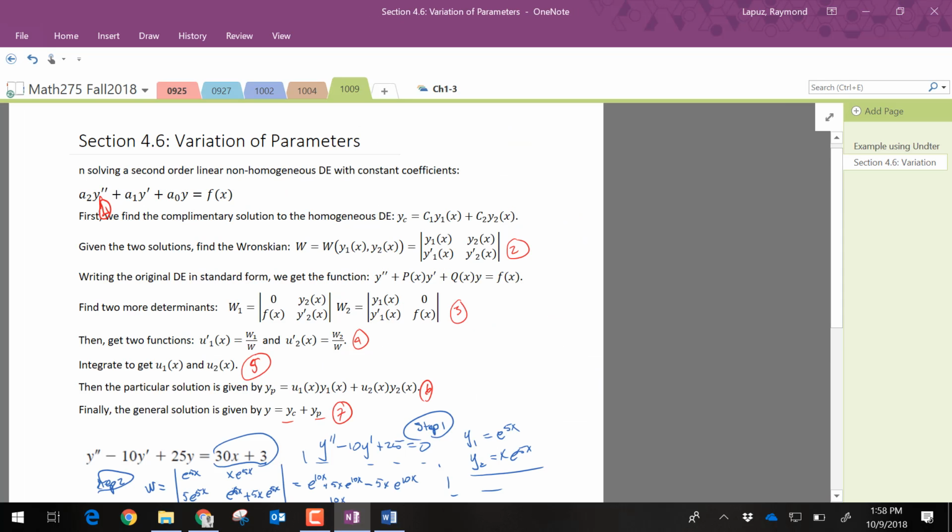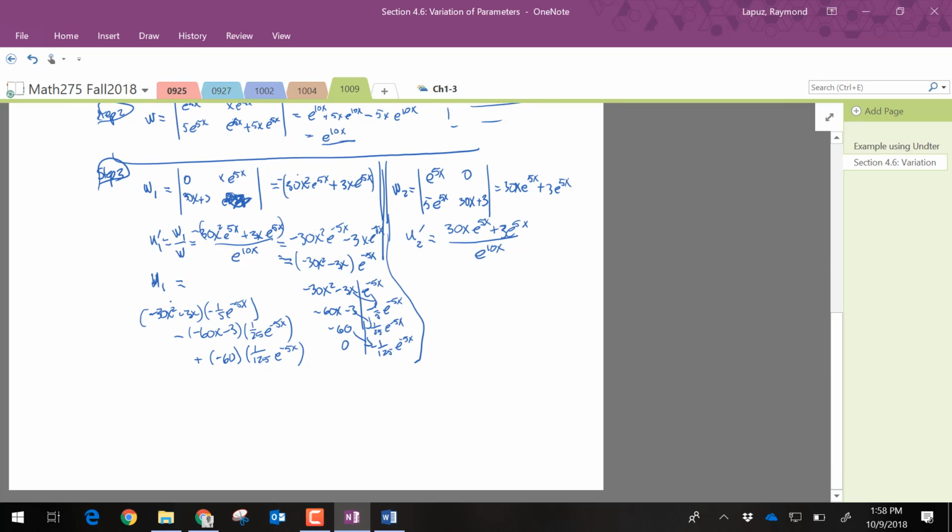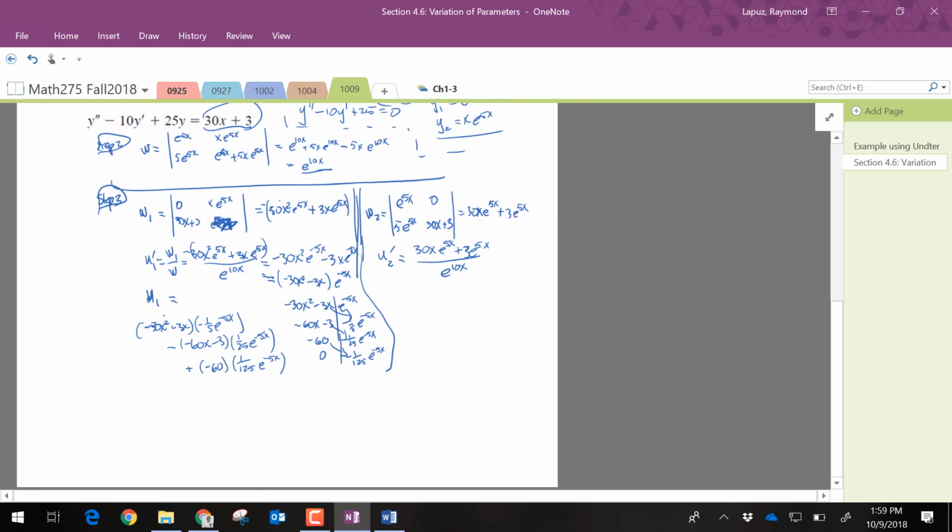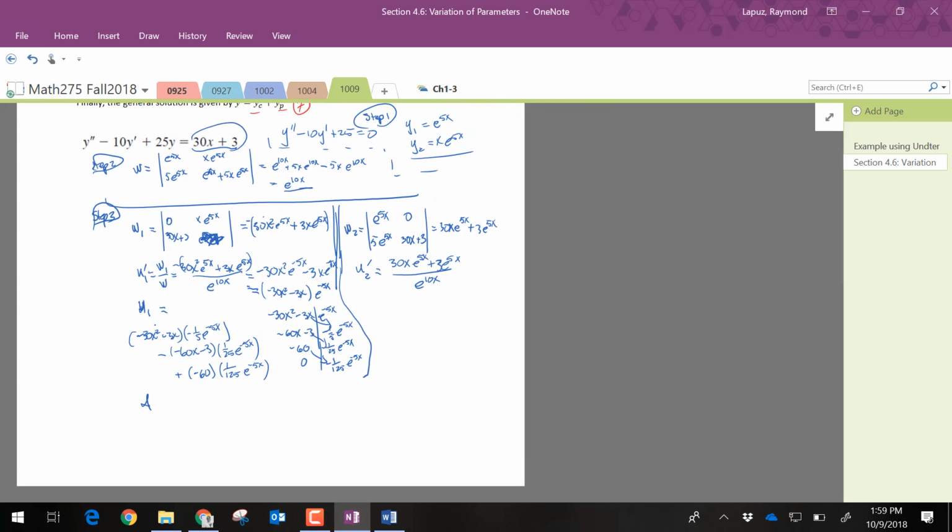And so if we were to do this, we're going to have a lot of extra terms that contain e to the x and e to the 5x. And then anything higher would probably just get canceled out. And so the only thing that's probably going to matter here, oh, and then we're going to multiply this. Let's take this u1. u1 times y1 is going to be this big mess over here.